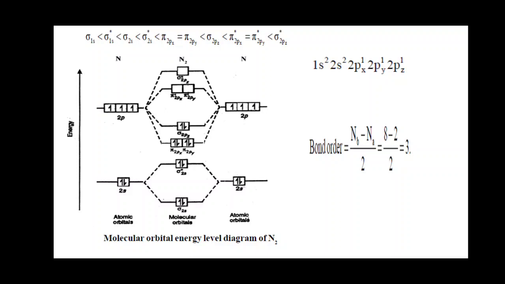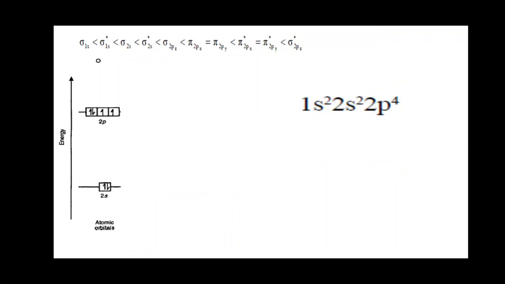Let us move to the MO diagram of oxygen. So the oxygen electronic configuration, according to the atomic number 8, is 1s2 2s2 2p4. At the first energy level, for one oxygen atom on the left side, you write only 2s2 2p4.